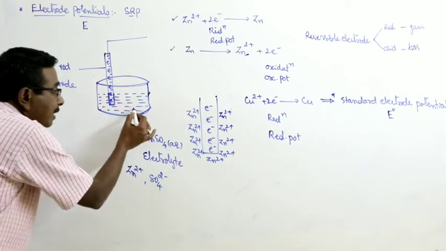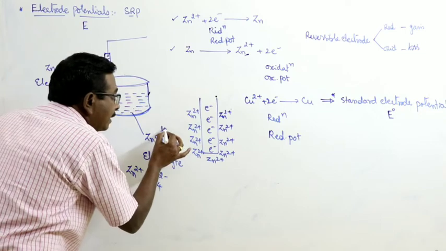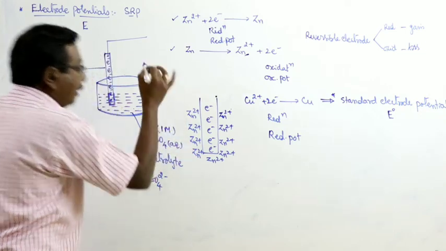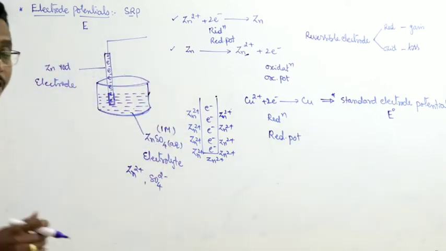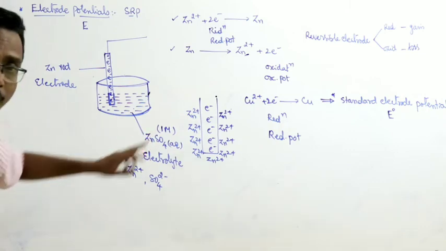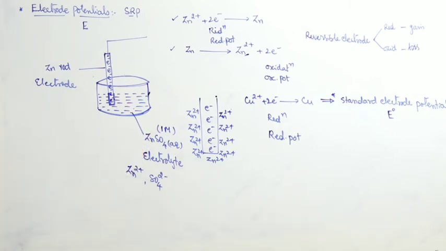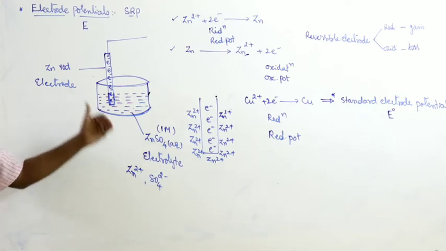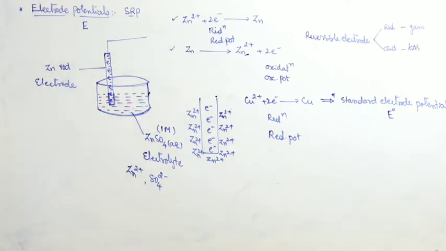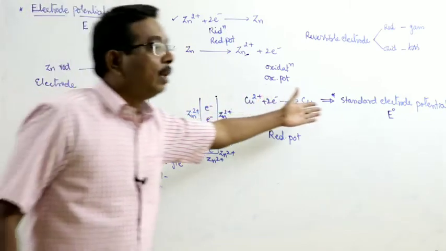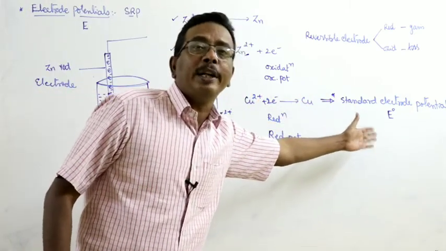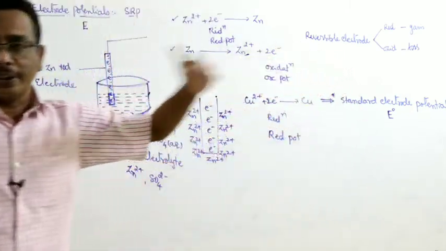If the concentration of the electrolyte is taken as unit activity, what is the meaning of unit activity? 1 molar. If the concentration of the electrolyte is taken as unit activity in this process, then the potential developed is said to be standard electrode potential.